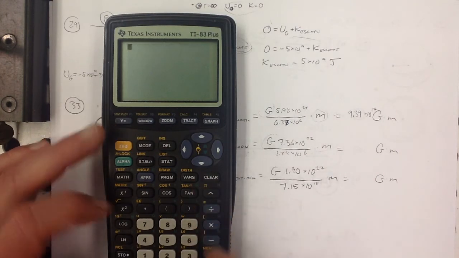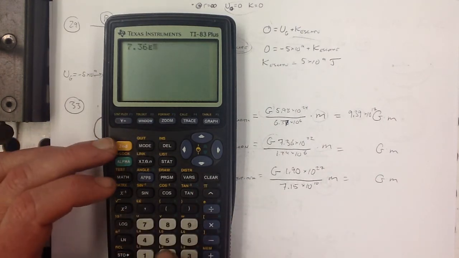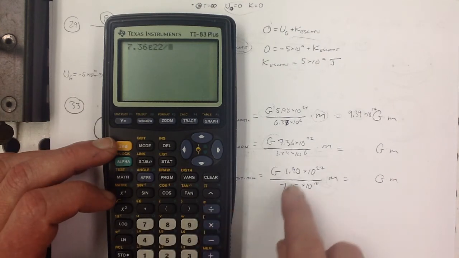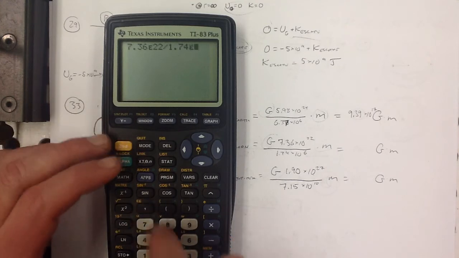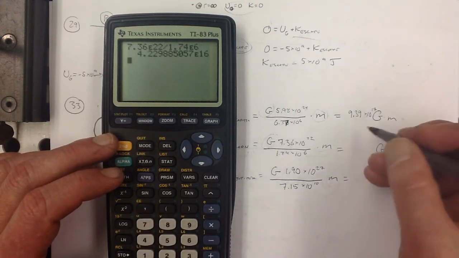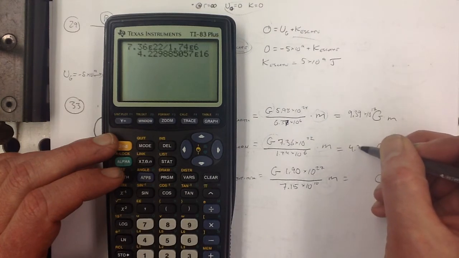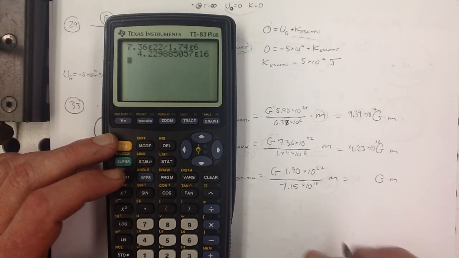All right, for the Moon, 7.36 times 10 to the 22 divided by 1.74 times 10 to the 6. That's 4.23 times 10 to the 16.